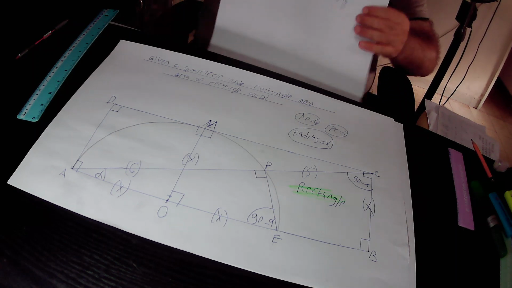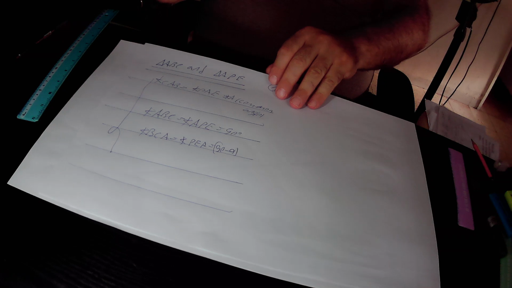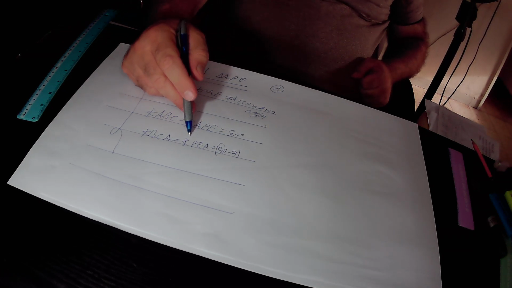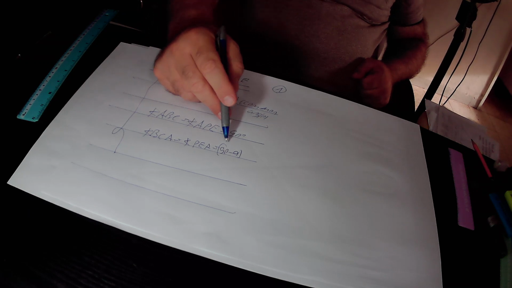So I'll repeat again. We found out that angle BCA in triangle ABC equals angle PEA in triangle APE. They are both equal to 90 degrees minus alpha, therefore they are equal to each other.